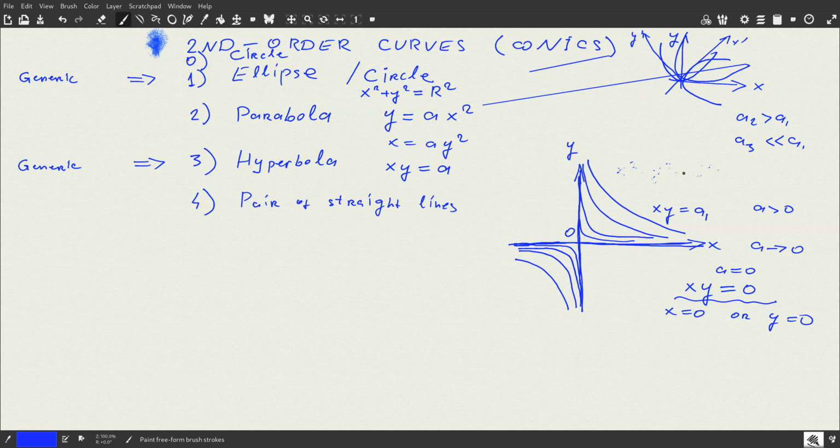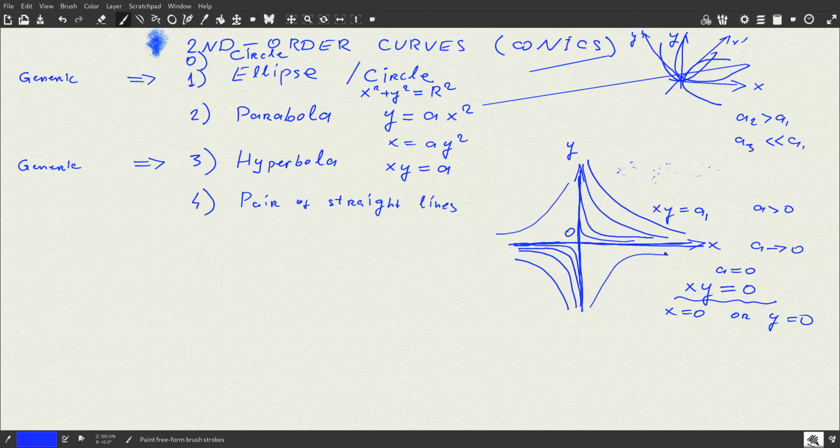In this case, for example, we have a family of hyperbolas corresponding to different positive values of a, and only when a becomes 0, then we have a pair of straight lines. Once a crosses 0 and becomes negative, then we are going to get hyperbolas again, but located in different quadrants, right?